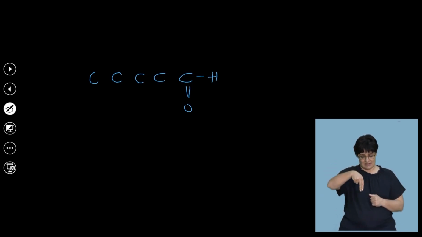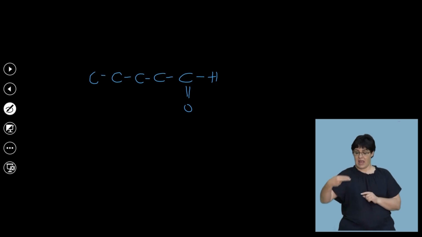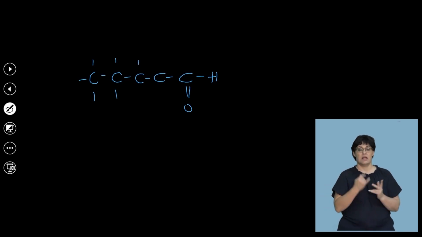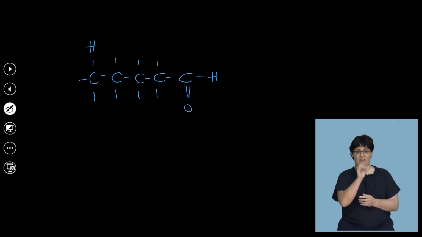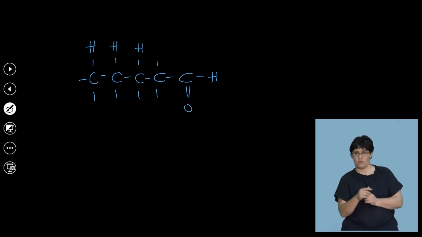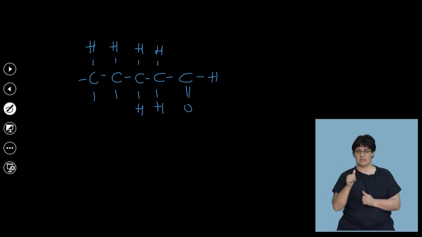Remember again, each carbon atom must have 4 bonds around it. So that's 1, 2, 3, 4, 5, 6, 7, 8, 9, 10.